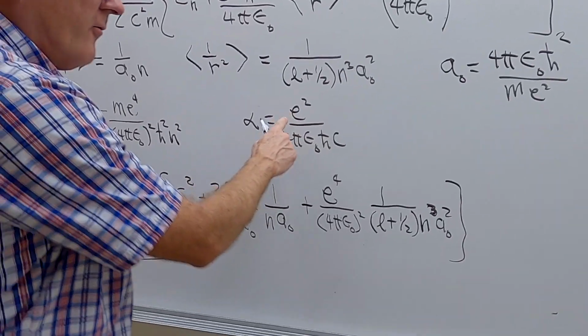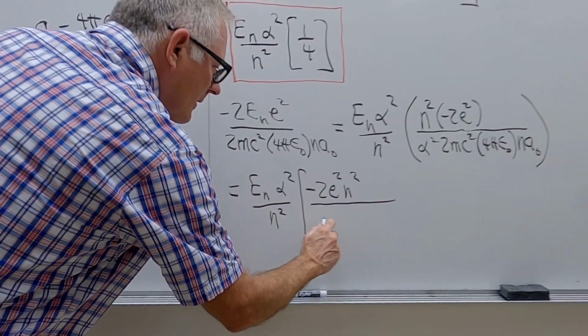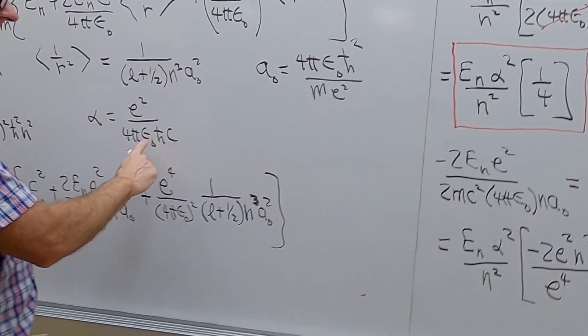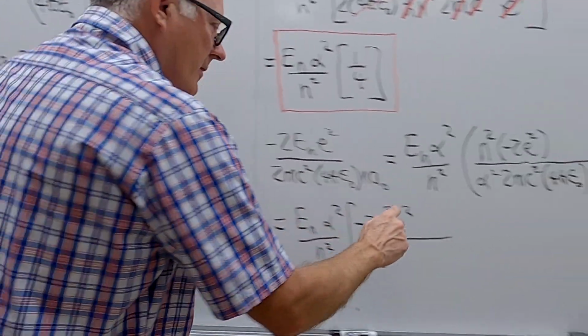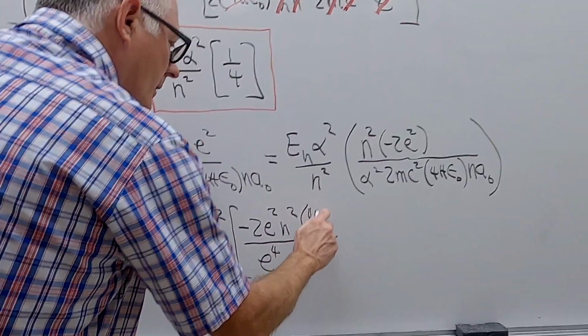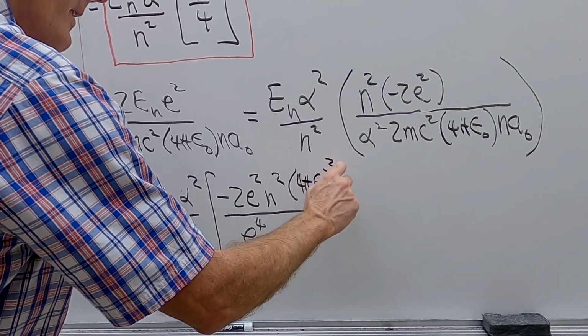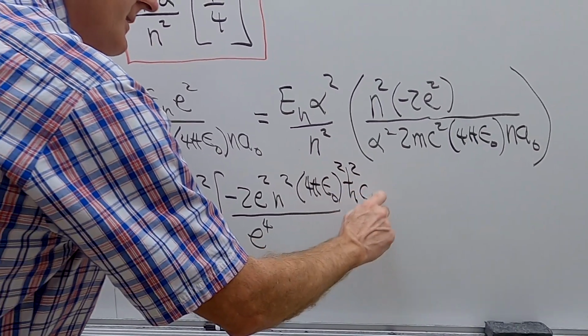So we got e to the 4th all over 4 pi epsilon naught squared h bar squared c squared.